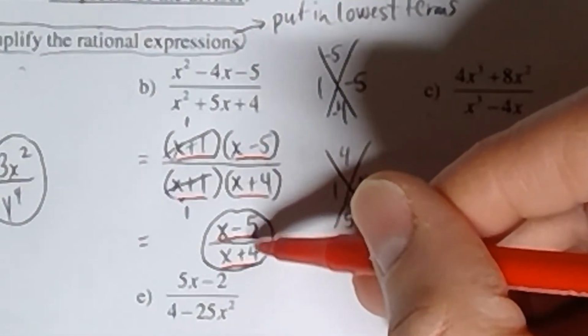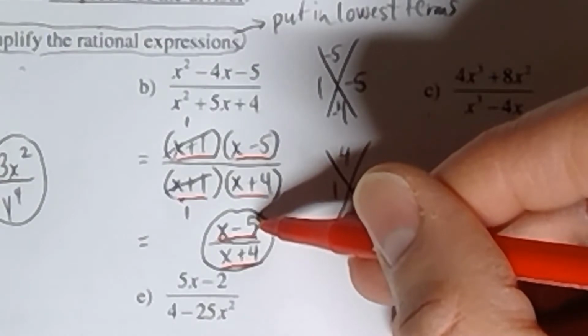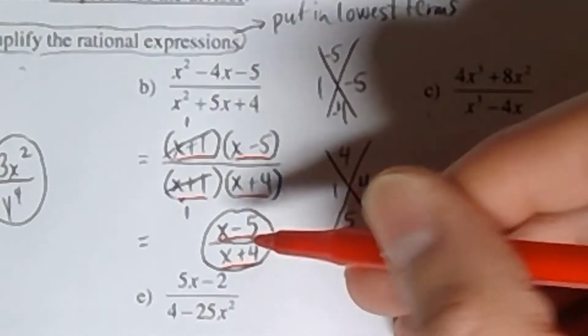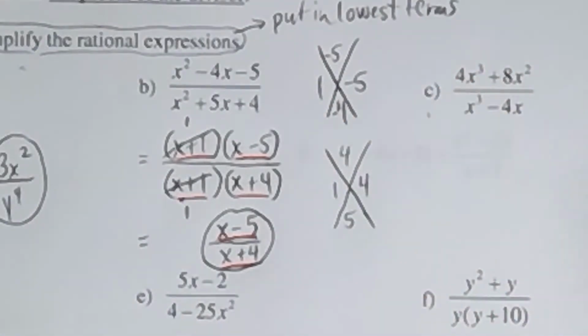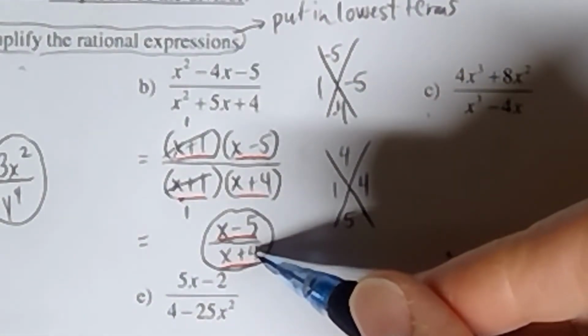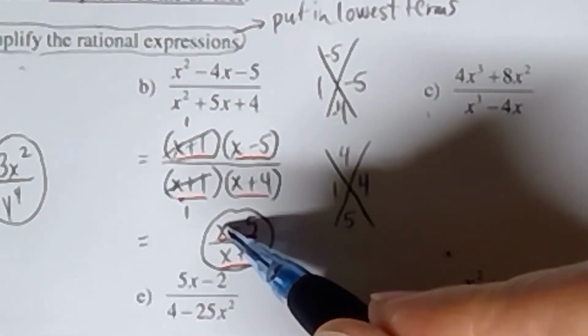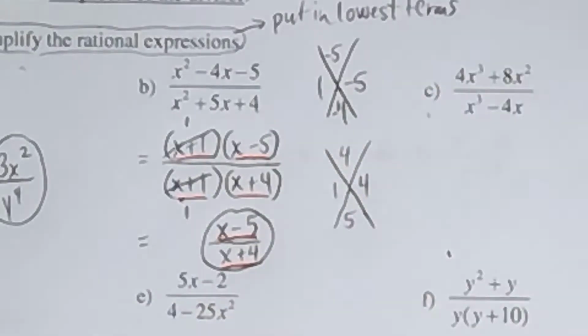But whenever there's more than one term on either the top or the bottom, but it's a prime polynomial, that's just one big red one because it didn't break down to two or more red ones, or two or more factors overall. Okay, so looking at this, just to make sure it's in lowest terms, remember you can't cancel a red one unless there's another red one underneath it that is exactly the same.